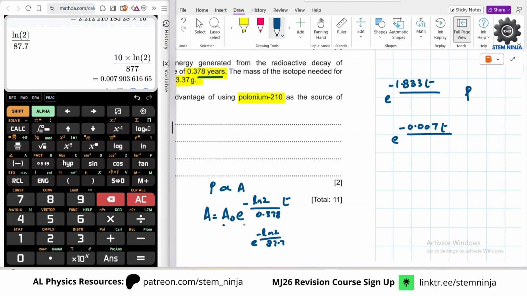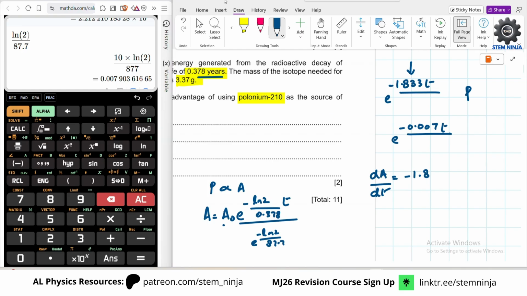Because this is a constant, the rate of change of activity, dA over dt, is defined by this level, because this is the same constant that is going to come out if you know your differentiation. So this would be proportional to minus 1.833 e raised to power minus 1.833t. Similarly, the other one would be proportional to minus 0.007 e raised to power minus 0.007t.